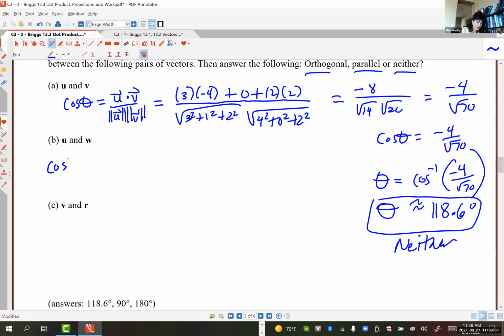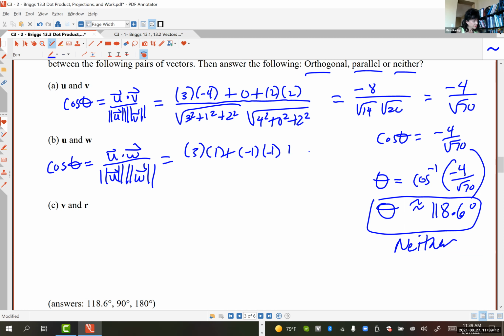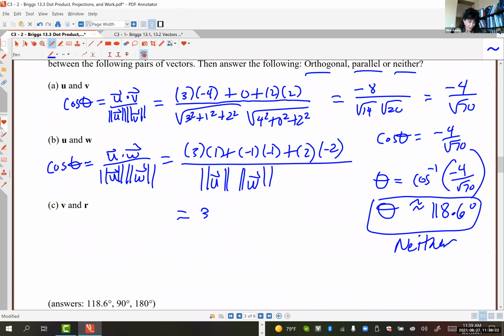So what about u and w? That pair of vectors, what do we got? Well, if I'm using my formula, I got to do the dot product in the numerator and I divide by the product of the magnitudes. Okay, fine. So u and w, 3 times 1 plus -1 times -1 plus 2 times -2. And then I'm not going to do the magnitudes. I'm going to leave them. You'll see why in 2 seconds. If you look at the numerator, what does that add up to?